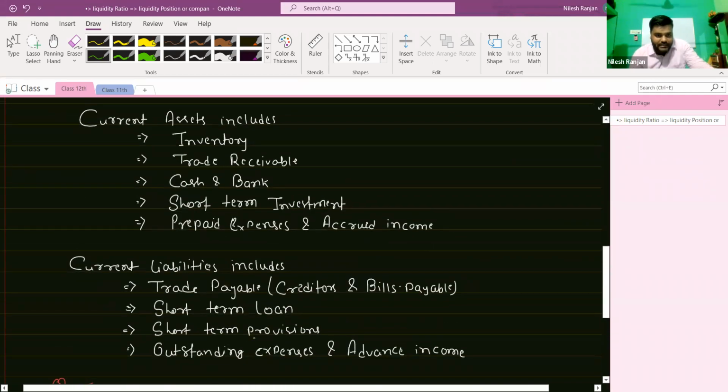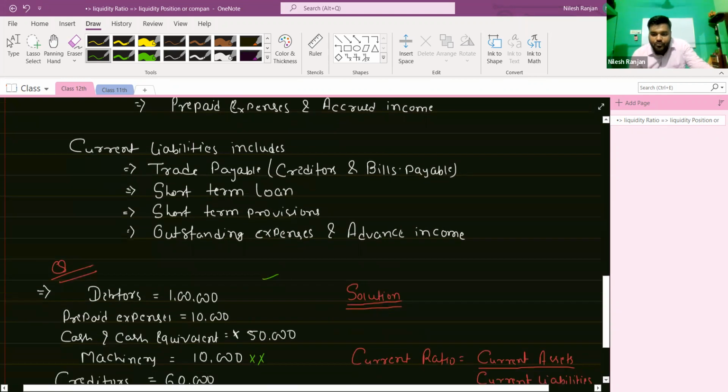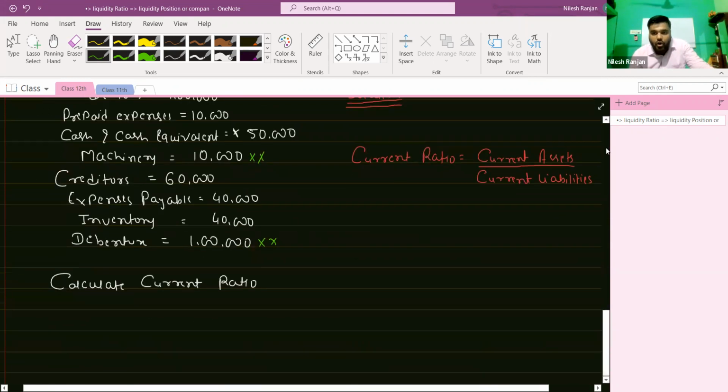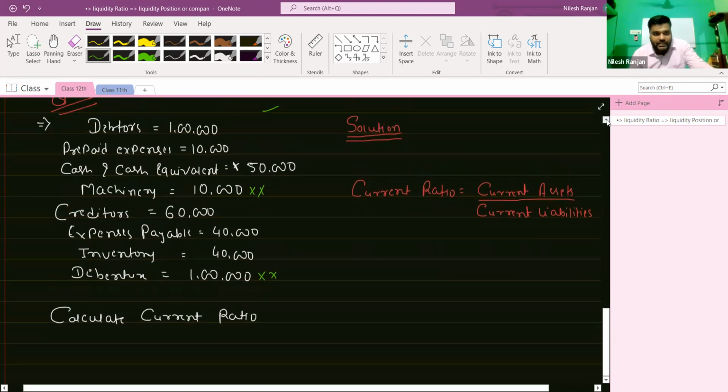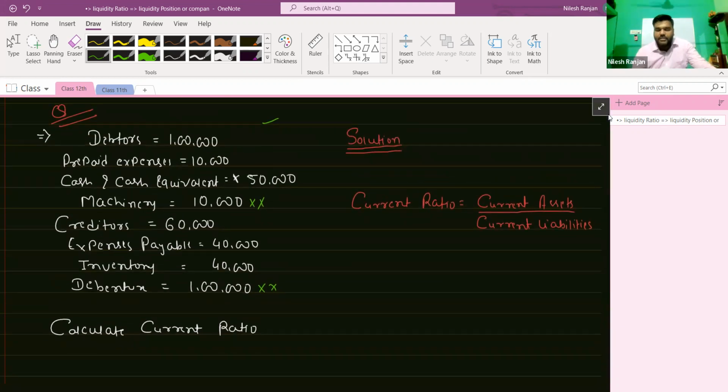You can see here, machinery is a fixed asset, a long-term asset. Actually, you have to understand what current assets and current liabilities are.